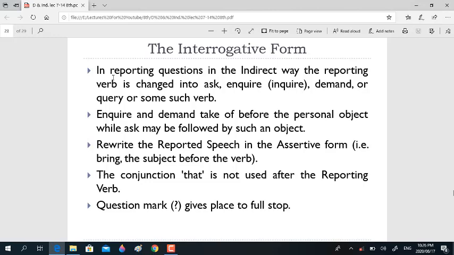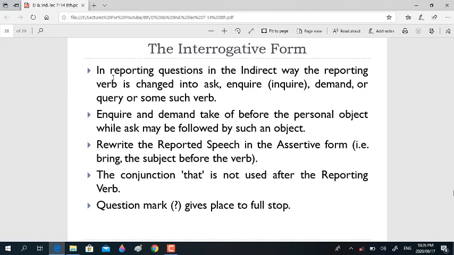Do not put any kind of conjunction when you are changing WH sentences into indirect, right? There should be no conjunction used in those cases, right?